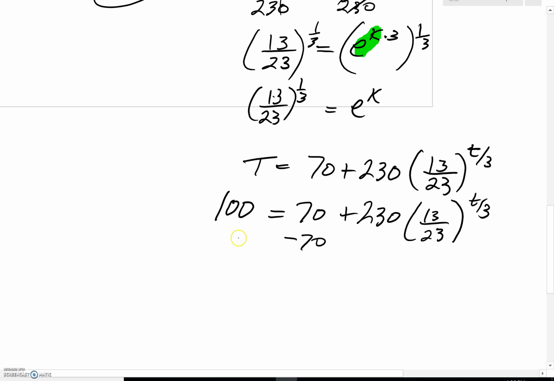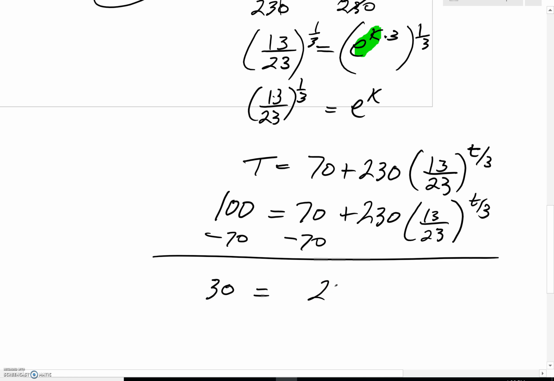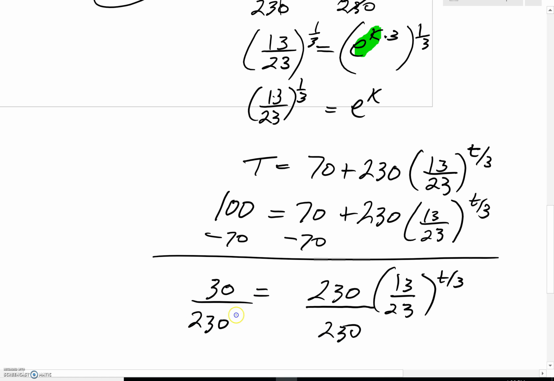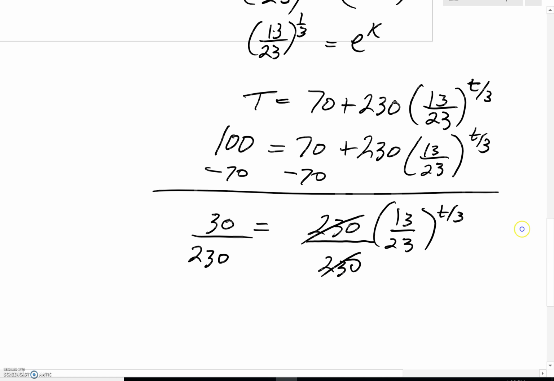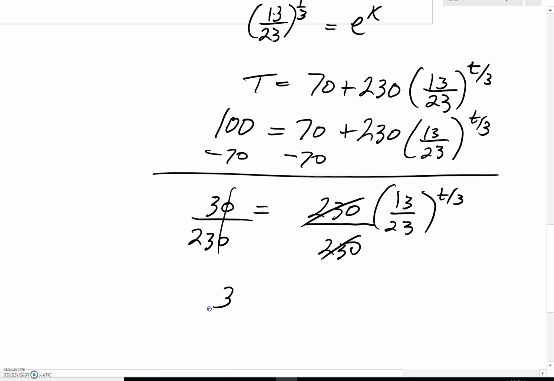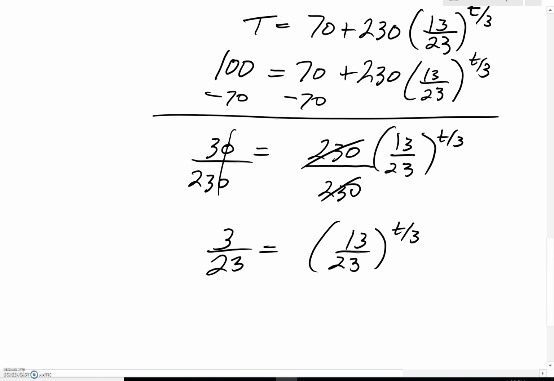I'm going to minus a 70. 100 minus 70 is a 30. Then I'm going to divide both sides by 230. And hopefully you can see some good things happening. You get 30 over 230 equals, here's your 13 over 23, to the t over 3.